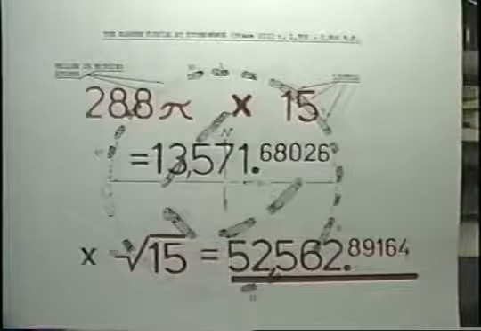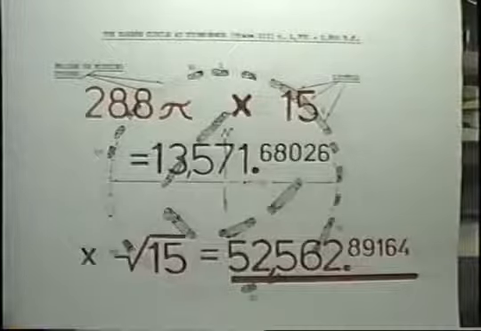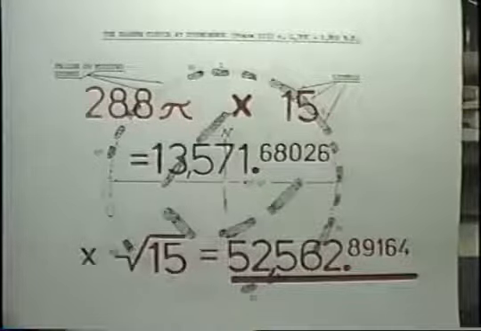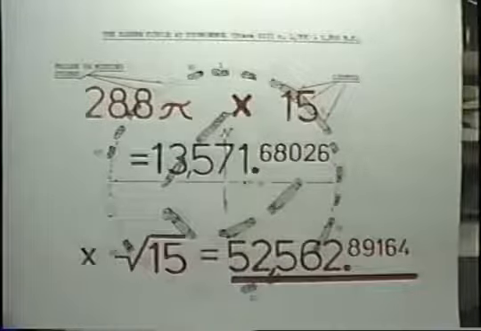These numbers are either shown at the site or strongly suggested. Now, what is 52,562.89164? It's the figure which encodes the actual West Giza longitude of Stonehenge, 32 degrees, 57 minutes, 28.817 seconds.